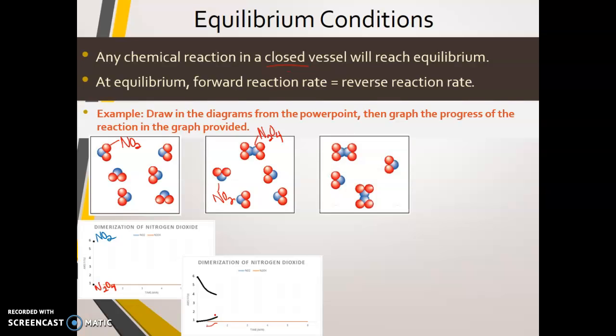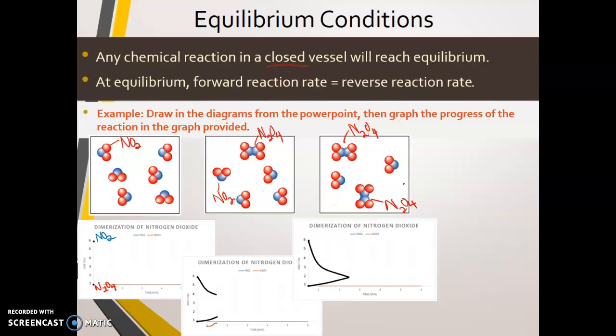Here in the third picture, we now have 2 N2O4 molecules, and we have 2 NO2 molecules. So we had gone from 6 to 4, and now we are down to 2 for our NO2. And for N2O4, we increased to 1, and now we are at 2.